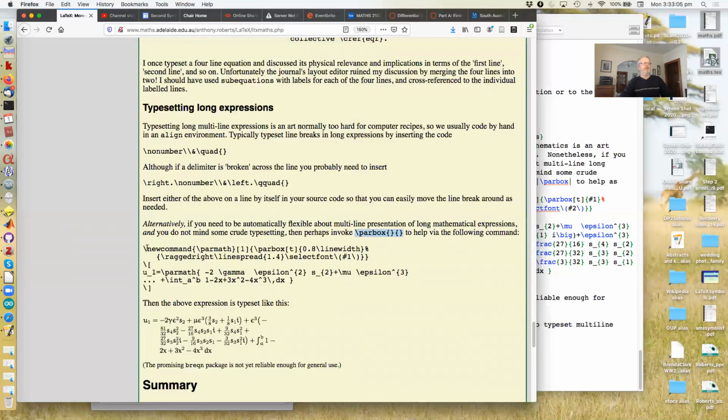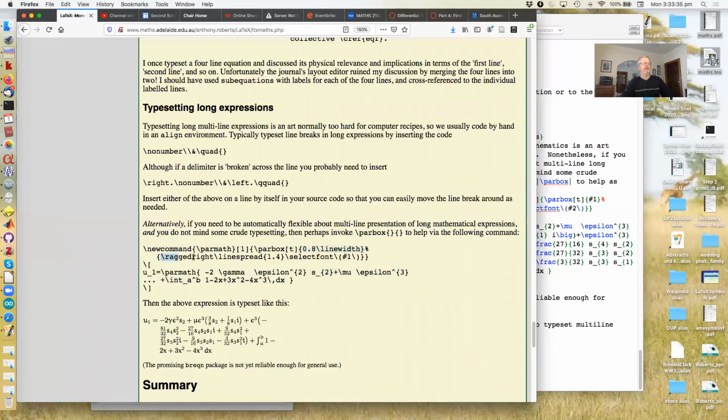It uses Parbox. Right, so parmath has got one argument, which is the mathematics to typeset. So there it is, or part of it for this expression. And we say form a Parbox, align to the top of the Parbox, make the Parbox 0.8 of the text width, and change that if you need to.